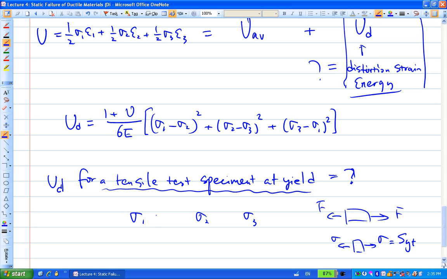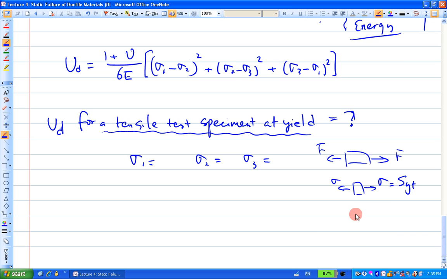So in other words, let me draw this Mohr circle here. What does this Mohr circle look like? That's the Mohr circle.